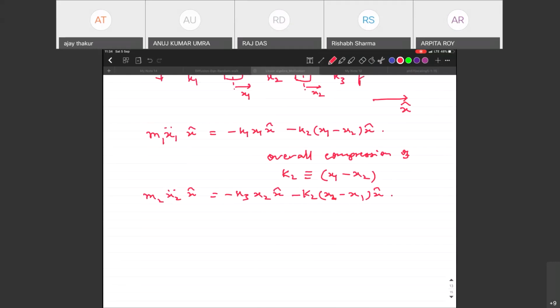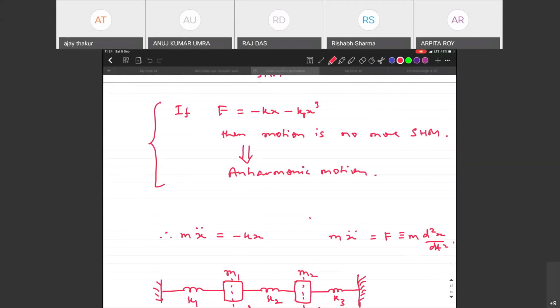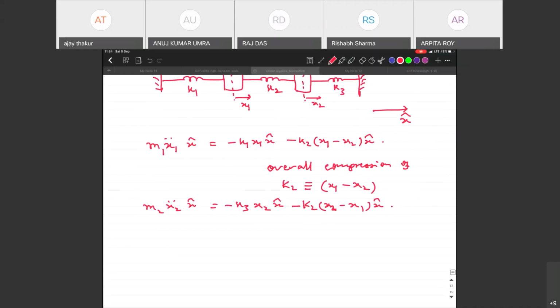That means if we are saying minus kx minus k1x, k1 is much smaller compared to k. In such scenarios, one can apply perturbation technique and solve for anharmonic. But right now we are considering only the linear regime, and therefore only simple harmonic motion.